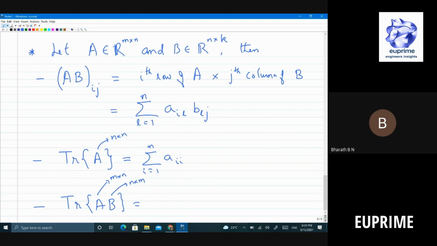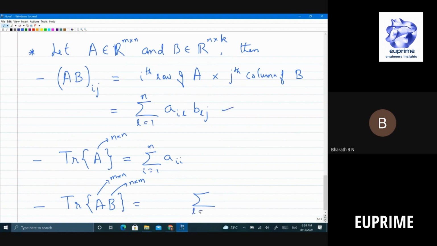So what will be the trace of AB? All that I have to do is take the diagonal entries of AB. What are the diagonal entries of AB? I know the ijth entry of AB, so I have to look at the ith entry. That's pretty easy.